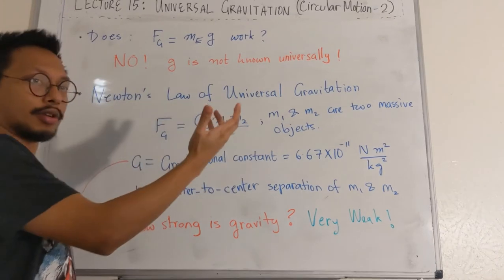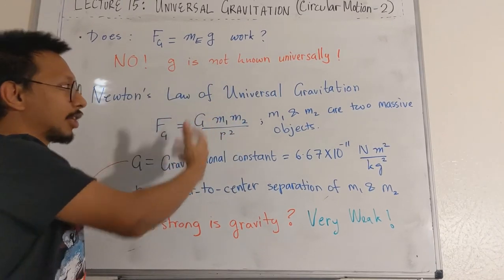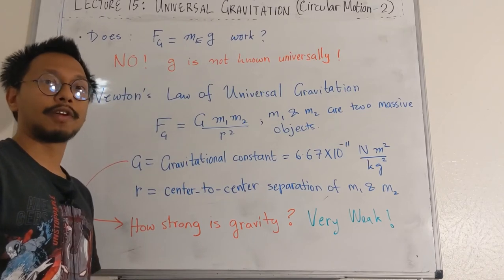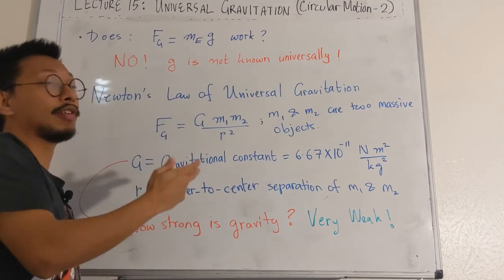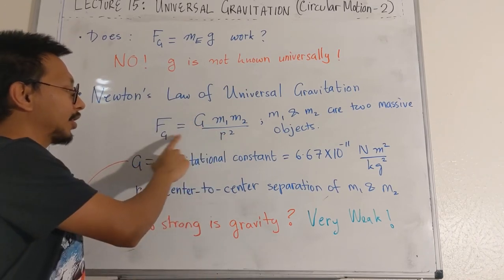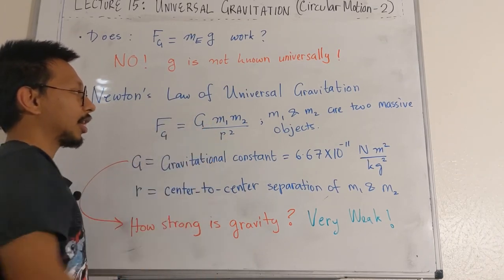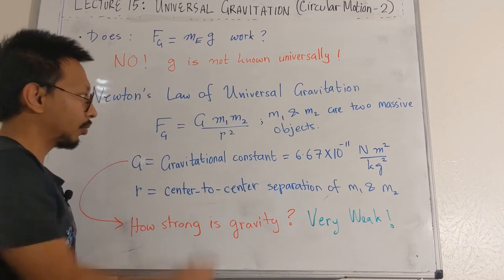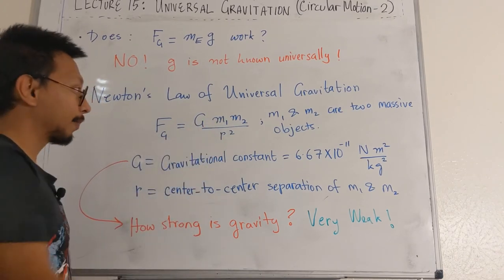As a solution to this conundrum, Newton came up with his law of universal gravitation. This works universally, and mathematically it reads Fg is equal to G times m1 times m2 over r squared.